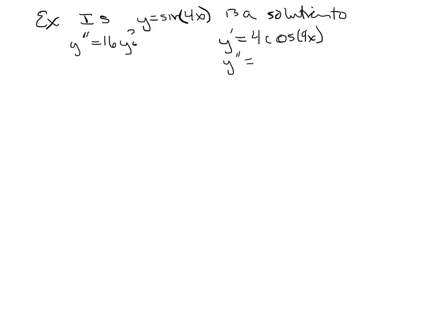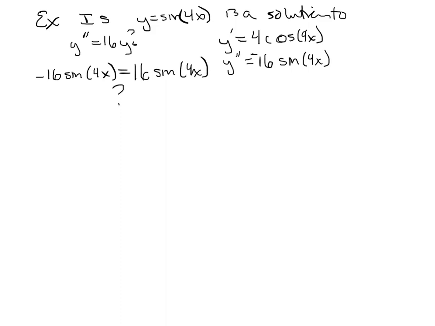And the second derivative: 4 times 4 is 16, sine of 4x, and the derivative of cosine is negative. So if I go back to this equation and plug in, the second derivative is negative 16 sine of 4x. Is that equal to 16 times y, which was sine of 4x?